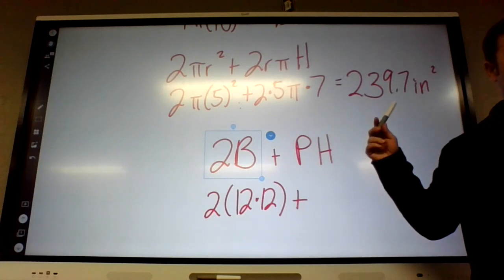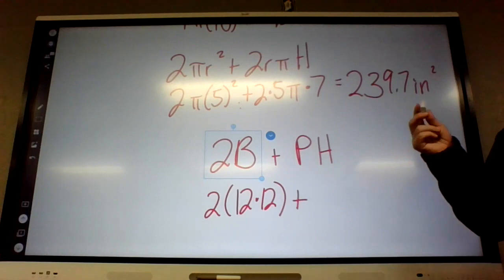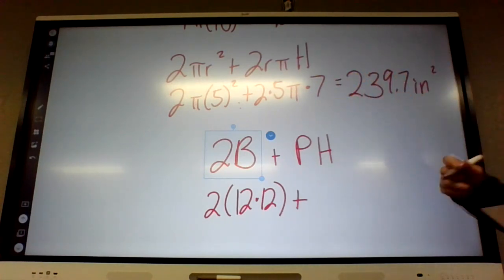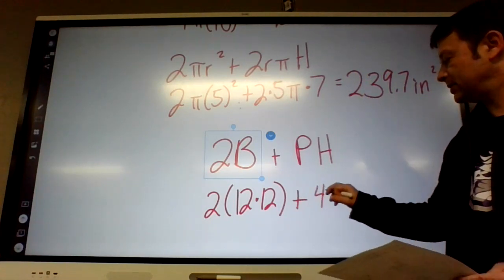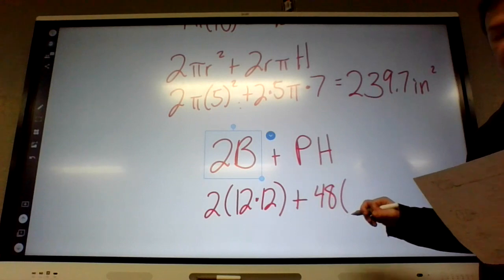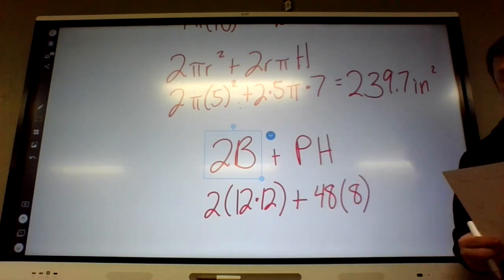Perimeter, which would be what? 12 times 4, or 12 plus 12 plus 12 plus 12. So it's 48, right? And then what would the height of the prism be? 8. So that would do it.